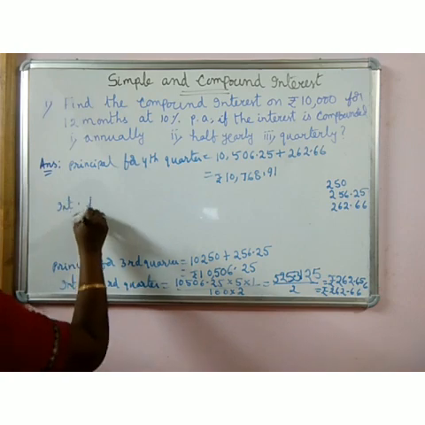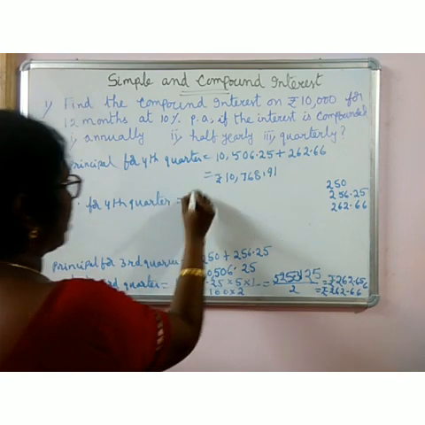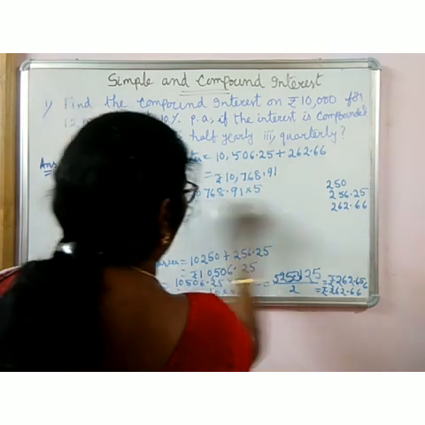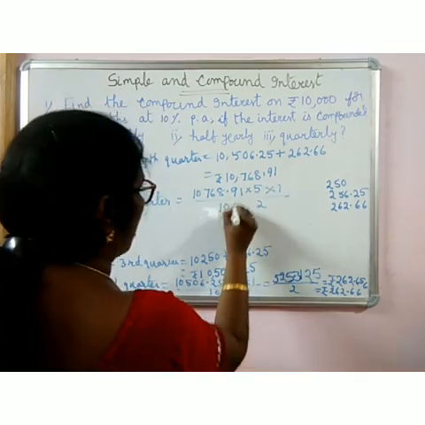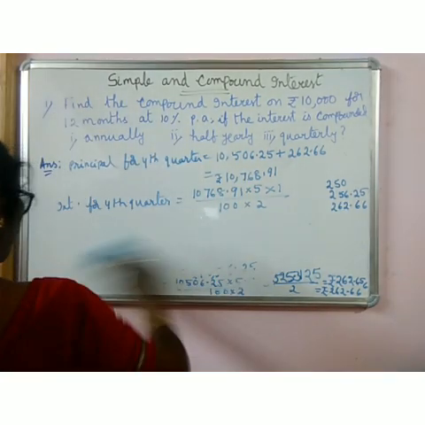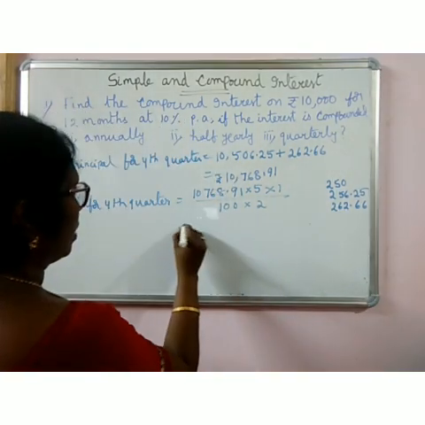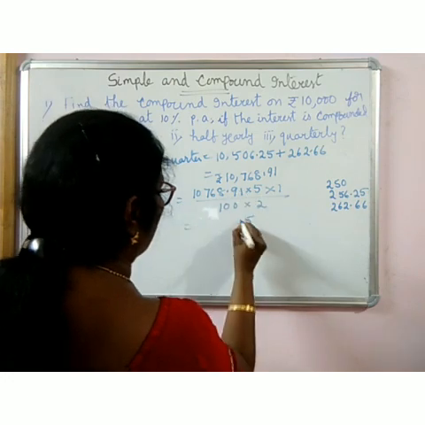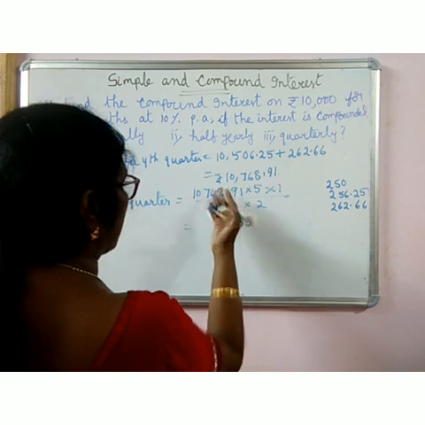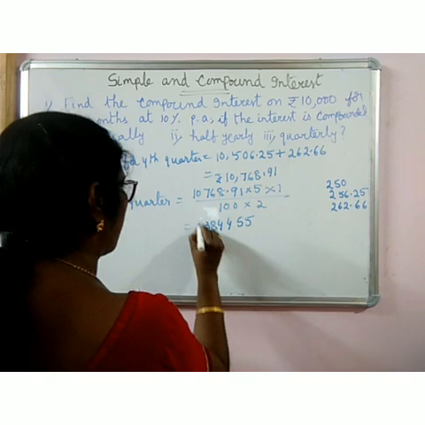Now let us find interest for the fourth quarter. Interest for the fourth quarter is 10,768.91 into 5 by 2, 1 quarter by 100. Let me do it in that order. Let me multiply: 5 1s are 5, 5 9s are 45, 5 4 carrying, 5 8s are 40 plus 4, 44, 4, 5 6s are 30 plus 4, 34, 3, 5 7s are 35 plus 3, 38, 5 1s are 5.